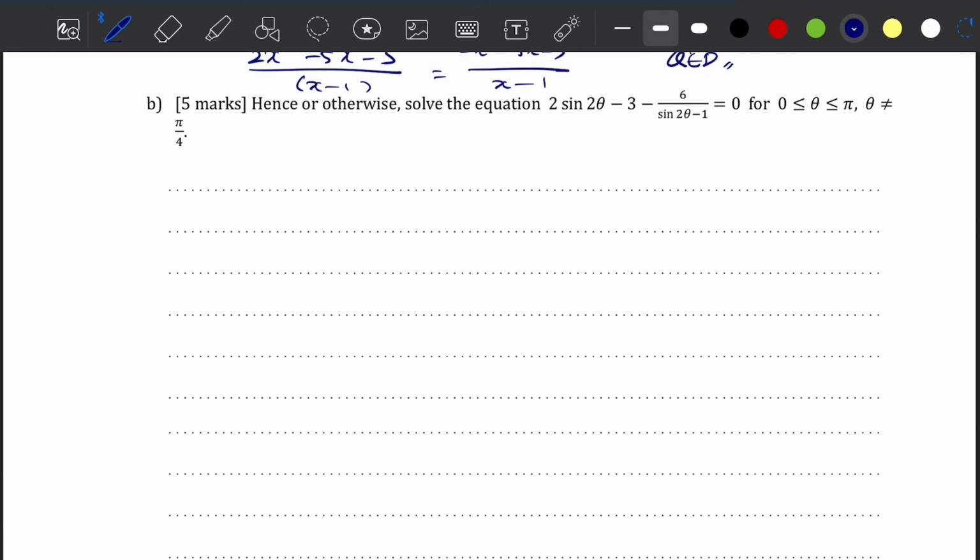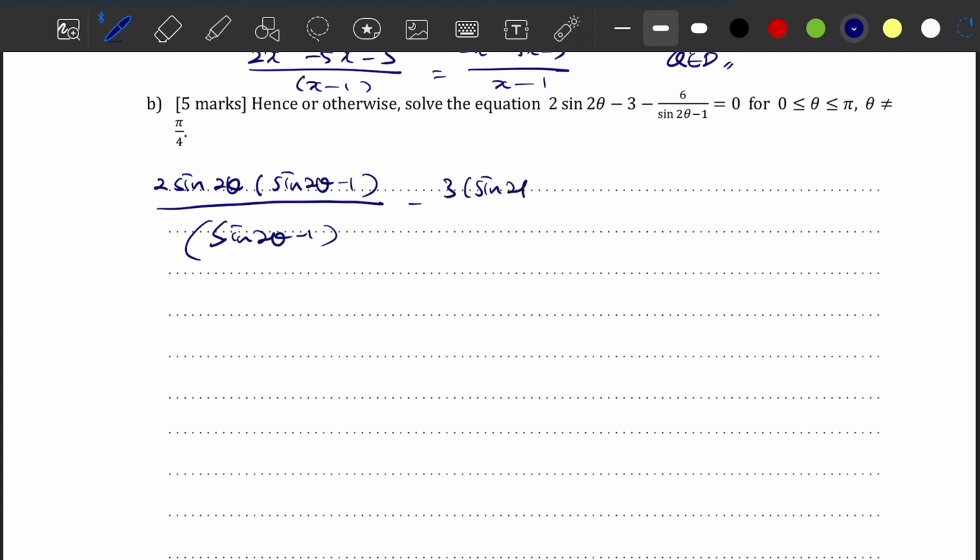So we get 2 sine 2 theta times sine 2 theta minus 1 over sine 2 theta minus 1, minus 3 times sine 2 theta minus 1 over sine 2 theta minus 1, and minus 6 over sine 2 theta minus 1, equals 0.